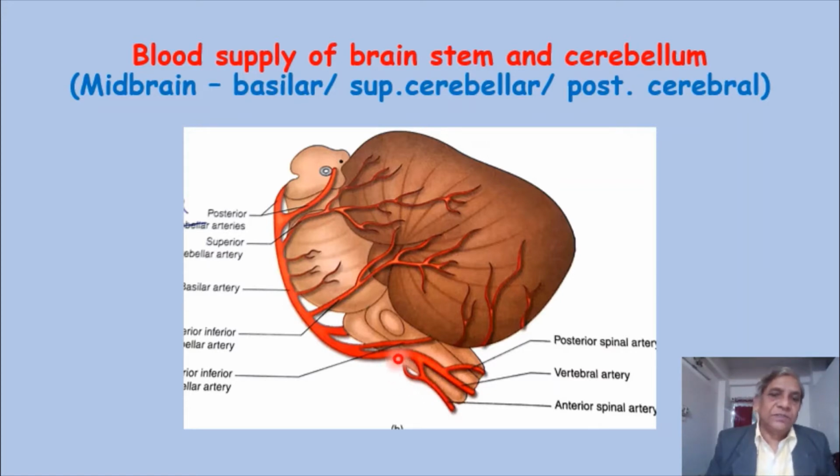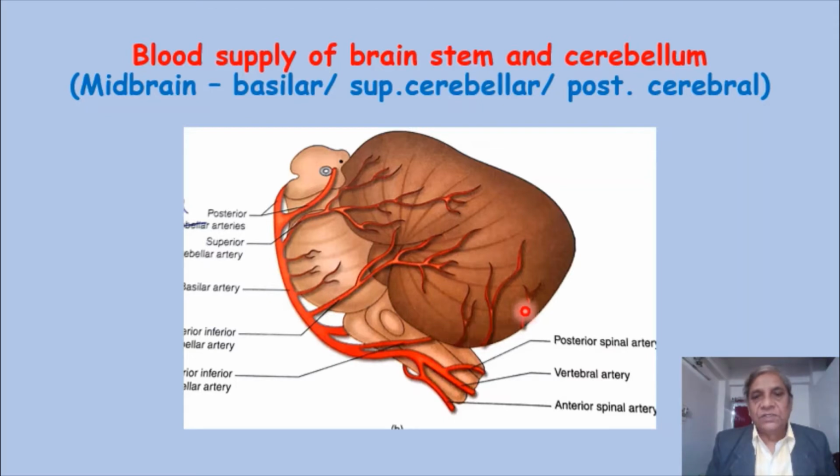Now, this vertebral artery, just close to the pyramid, gives another branch, the posterior inferior cerebellar artery, cerebellar because it is going to the posterior part of the inferior aspect of the cerebellum. From the basilar artery another artery comes, the anterior inferior cerebellar artery.